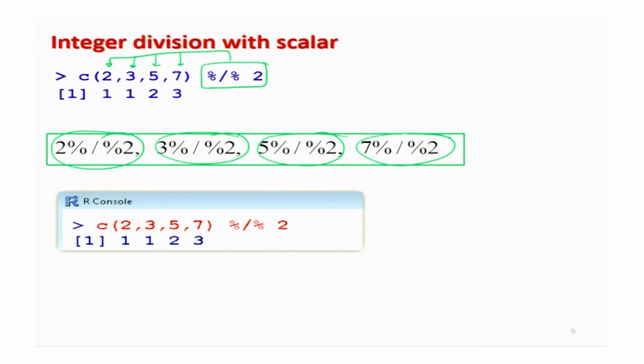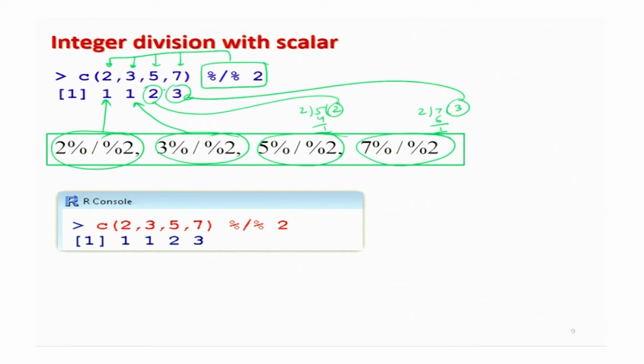And you can see 2 integer division by 2 will give you answer 1 and 3 integer division by 2 will also give you answer 1. 5 integer division 2 will be like this, 2 2s are 4, so remainder is 1, so this value 2 comes over here. And when you are trying to divide 7 by 2, 2 3s are 6, remainder is 1, so this 3 will come here. So you can see this is the same way as it was happening in other operations. The same process will be followed here also in the case of integer division.